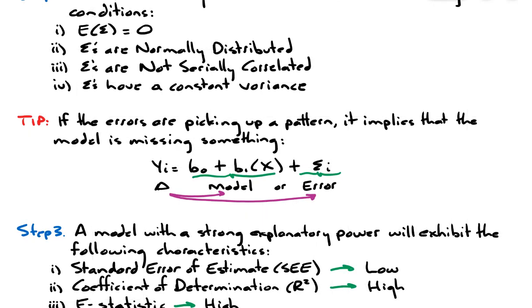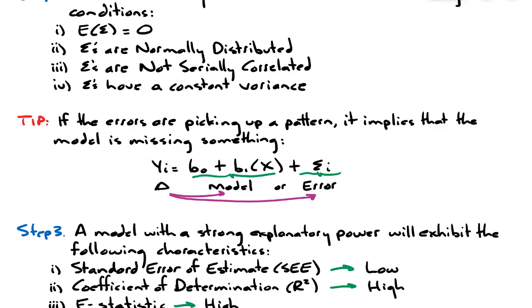And as I said before, if the errors are picking up a pattern, it implies that the model is missing something. Here I show you a framework to illustrate that point. Here's y, the variable that we're observing, and here's our model. The variation in y is either explained by the model, or if it's not explained by the model, it's going to be captured by the errors.